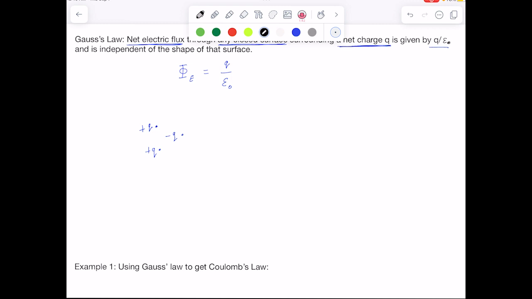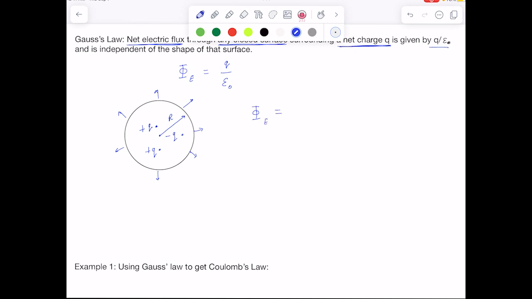I'm going to take that Gaussian surface to be this sphere whose radius is r from the center, and if I can figure out the net flux, which is phi E, let's say we need to find what phi E is, okay.